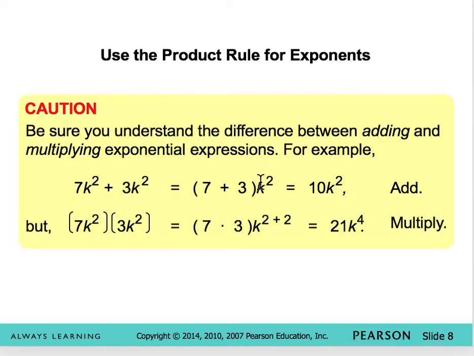The pencil part doesn't change. 7k squareds plus 3k squareds means I just have 10k squareds. But if you're multiplying, your exponent's going to change. You multiply the numbers, 7 times 3, and then k squared times k squared means k times k times k times k. 4 k's being multiplied.